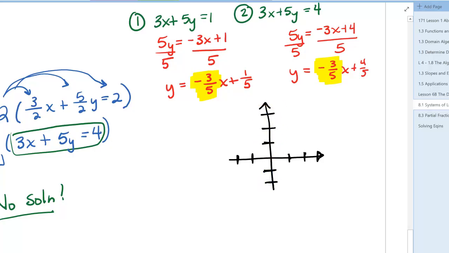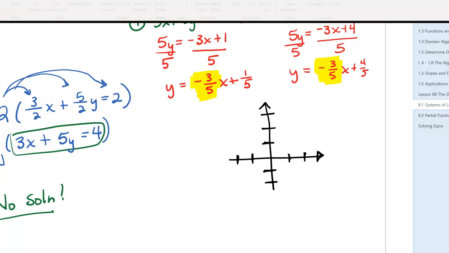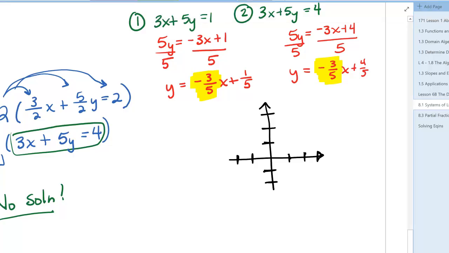All right, so if I'm going to graph the first line, remember that my slope is negative 3/5 and my y-intercept is 1/5. So I'm going to go up just a little bit on the y-axis. That's 1/5. And then from there, I'm going to go down 3 and over 5.